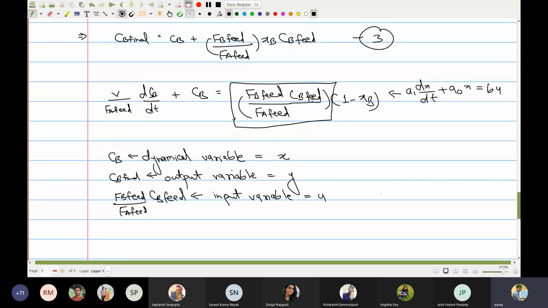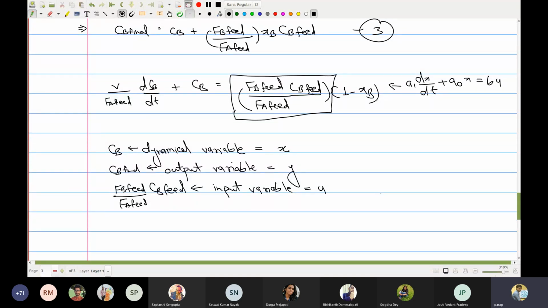So can I now rewrite our equations in standard notation? Let me identify this as tau. Tau dx by dt plus x equals 1 minus xb times u.